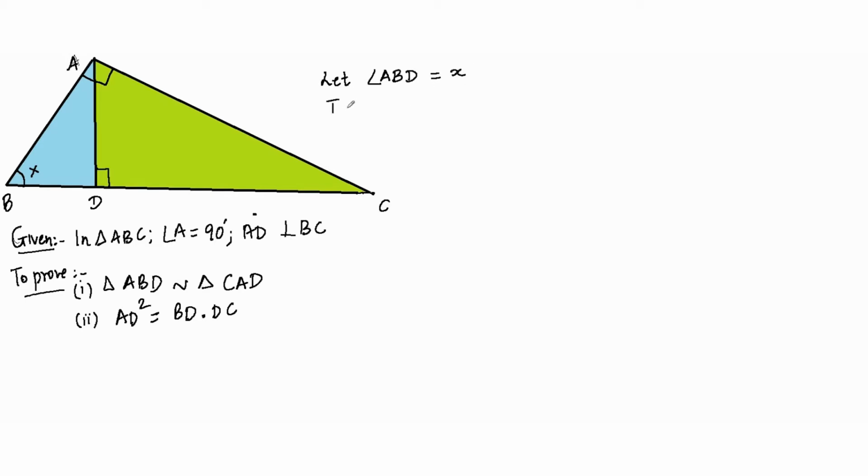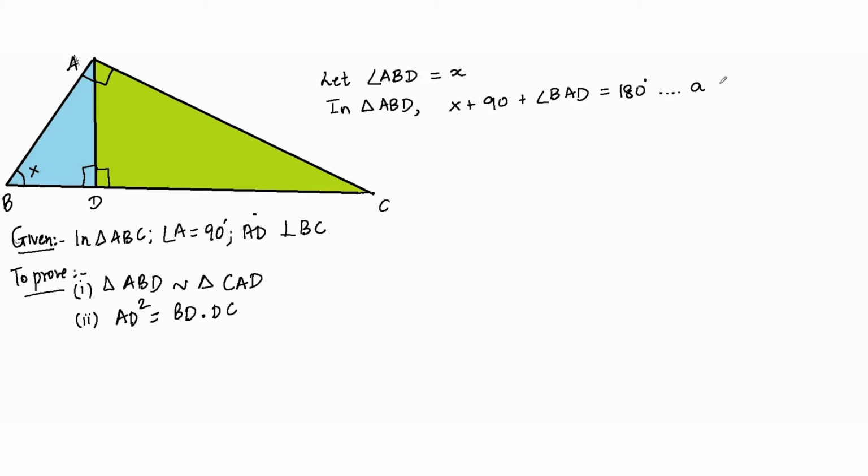Now I know that if I consider triangle ABD, the blue colored triangle over here, I can say that X plus, of course, angle D is also a right angle, right? So X plus 90 plus angle BAD is equal to 180 degrees. And why is this so?